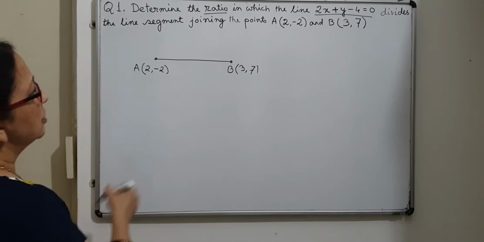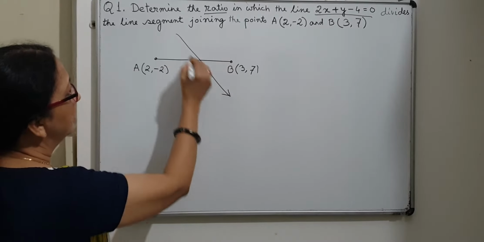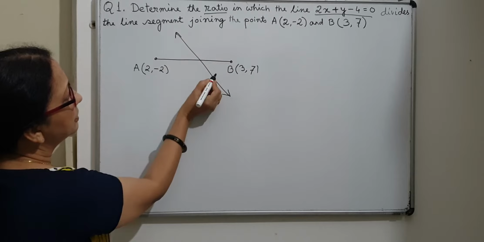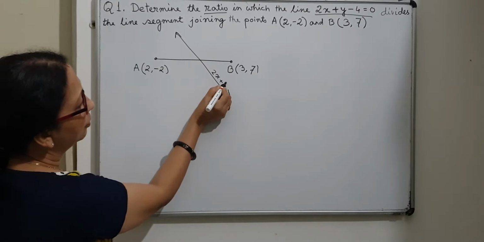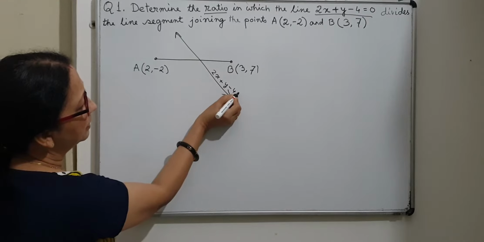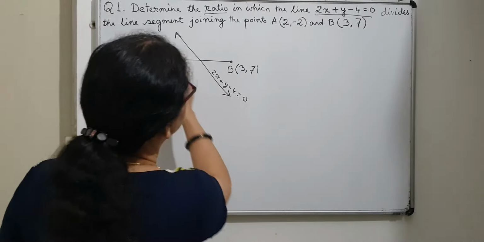AB, okay. So let this be the line, which is given by 2x + y - 4 = 0. Okay, so this line is this one.